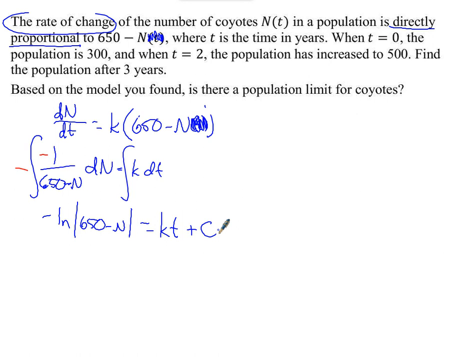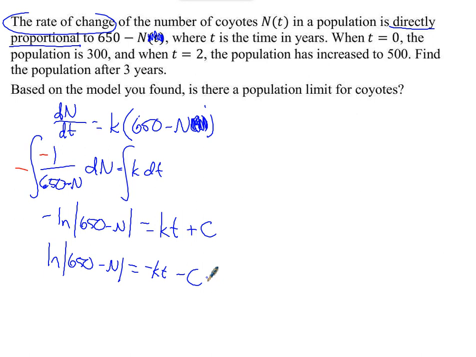Solve for n. First of all, notice that we have this negative sign sitting out front here. I can send it to the other side. So now I have the natural log of the absolute value of 650 minus n equals negative kt minus c. I'm still going to call it minus c. Before that, 650 minus n. What is n? The number of coyotes. It can never go negative. So do I need the absolute value?